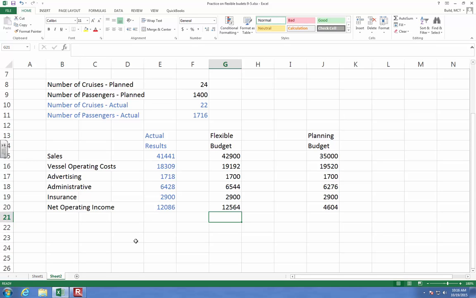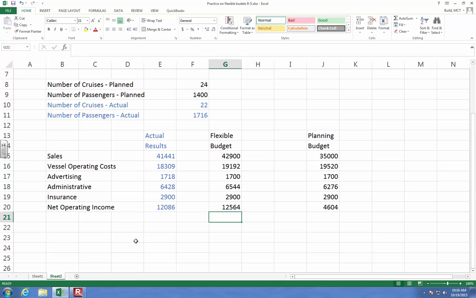So we did the planning budget first. Then the actual time period passes, so you get the actual results. And then I do the flexible budget based on which numbers, the 2414 or the 2217 and 1716? The 2217 and 1716. In other words, what would my budget be based on the number of passengers and cruises that actually showed up?